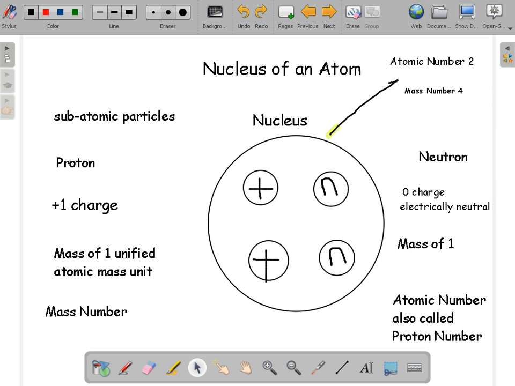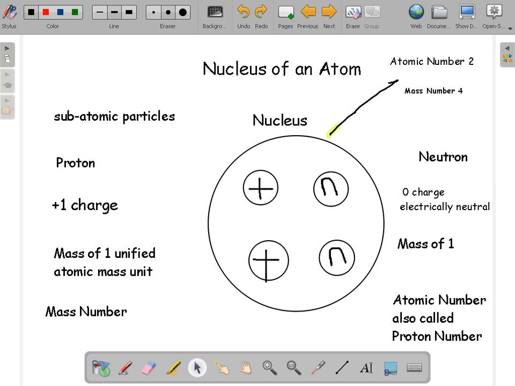For now, let me just tell you what's important about the atomic number. Atomic number for any atom doesn't change. So if you have, let's say, an oxygen atom, like the oxygen found in the air, you will have an atomic number which is fixed. It never changes.